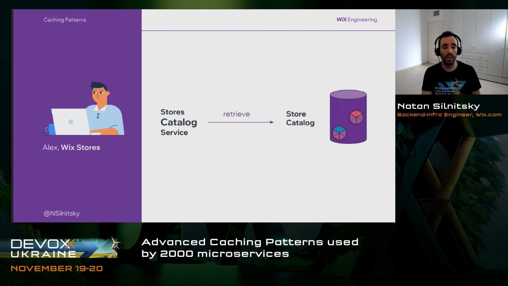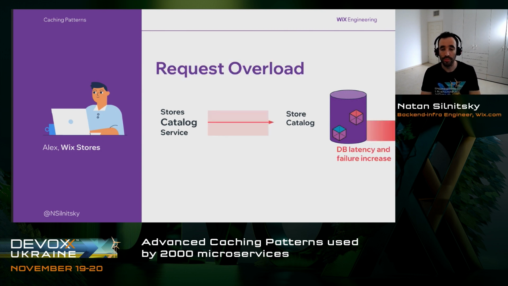Another issue is faced by Alex, also from Wix Stores, and he is in charge of the store's catalog service. And of course, this service utilizes a database, and it retrieves and writes information to a store's catalog. Basically, the catalog of all the products that each store and e-commerce provides.